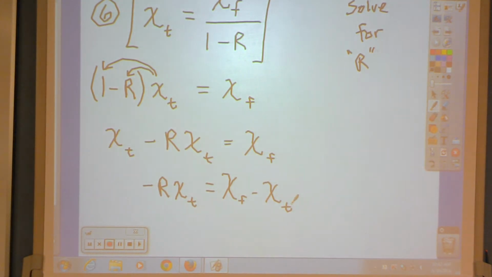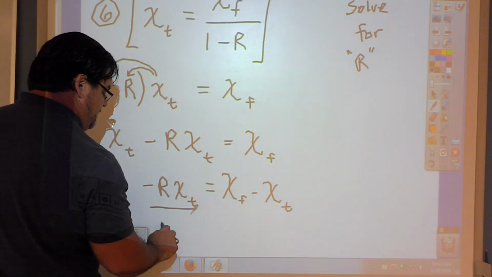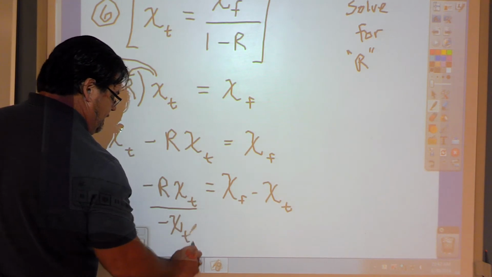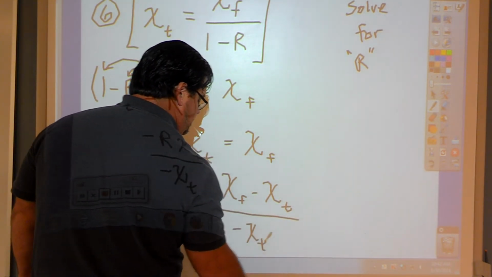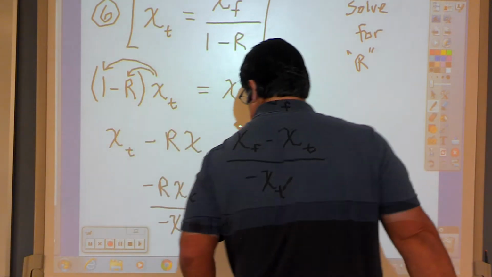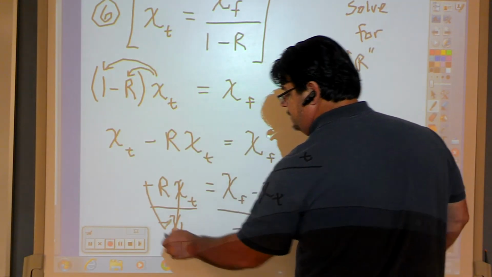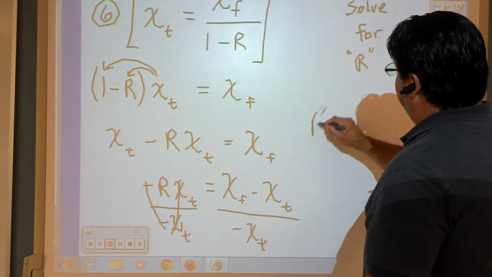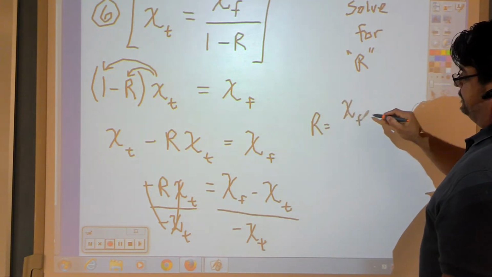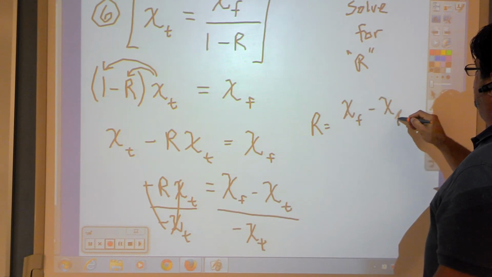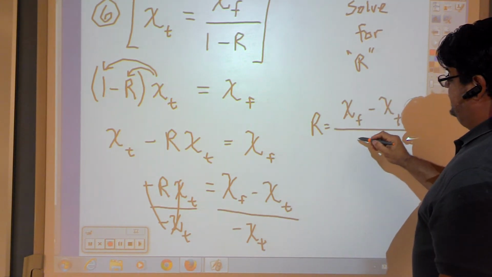Divide by negative r x of t. Divide by negative x of t. And r is equal to x of f minus x of t over negative x of t.